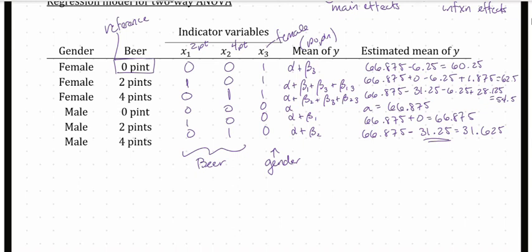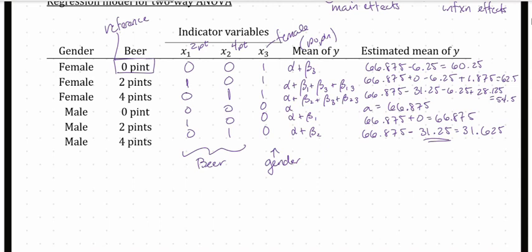In our sample, we estimate the mean attractiveness for females who drank 2 pints of beer to be A plus B1 plus B3 plus B13. So we have that interaction term now. So that's 66.875 plus 0 minus 6.25, so there's that penalty for being female versus male, plus B13.